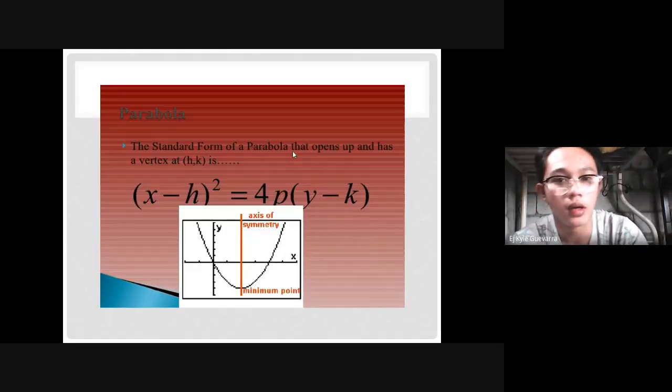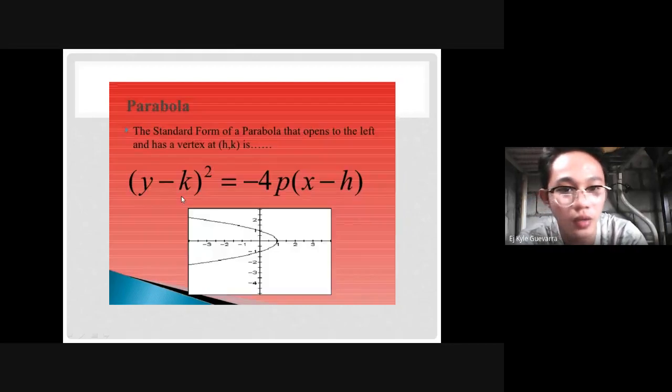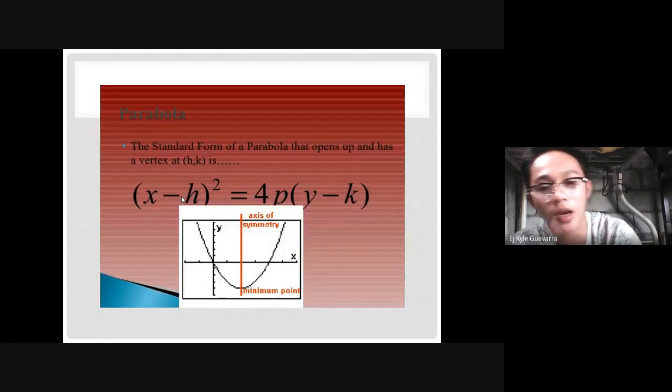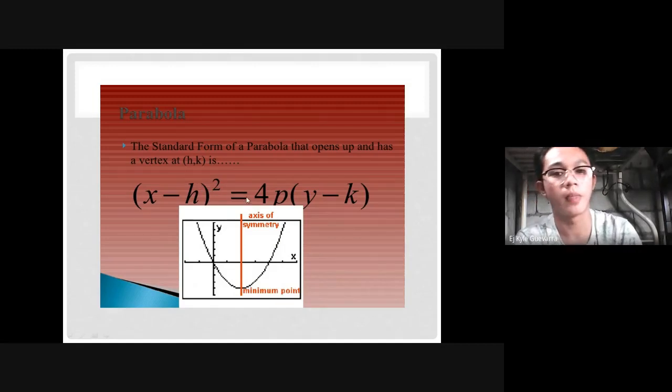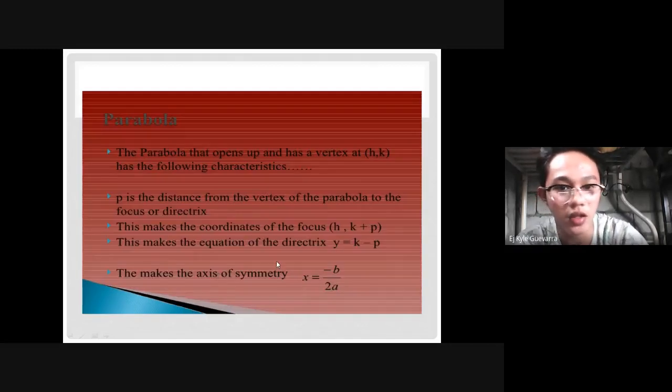Next, ang parabola that opens up, ang equation natin is x minus h squared. So nagkapalit na. Kanina is y minus k squared. Ngayon, kapag up and down naman is mauuna sa x minus h squared is equal to 4p times y minus k, in which the characteristic is the focus is h, then k plus p.